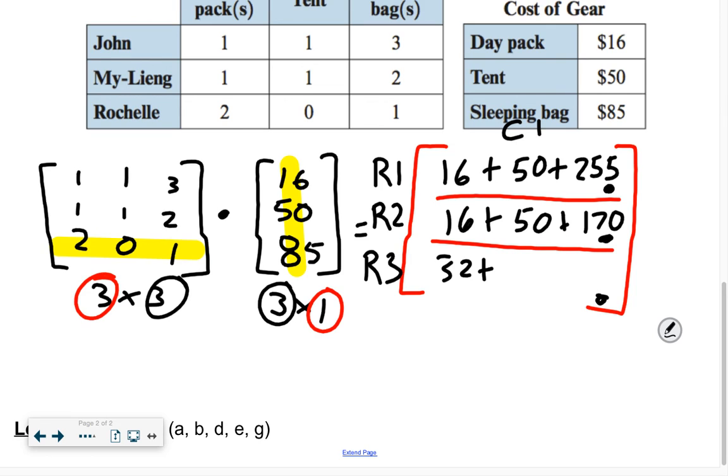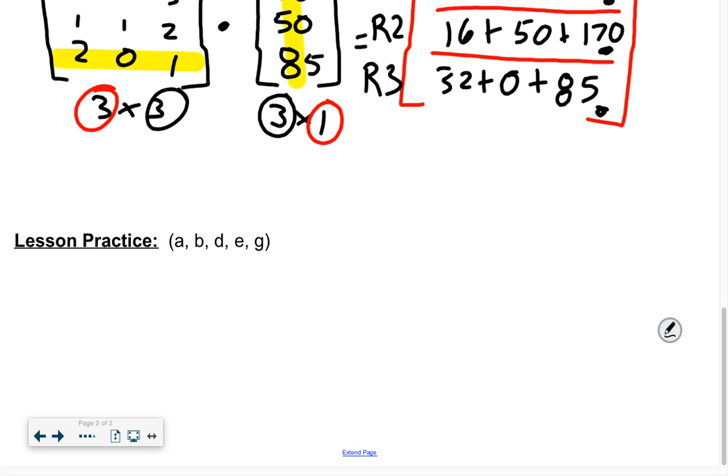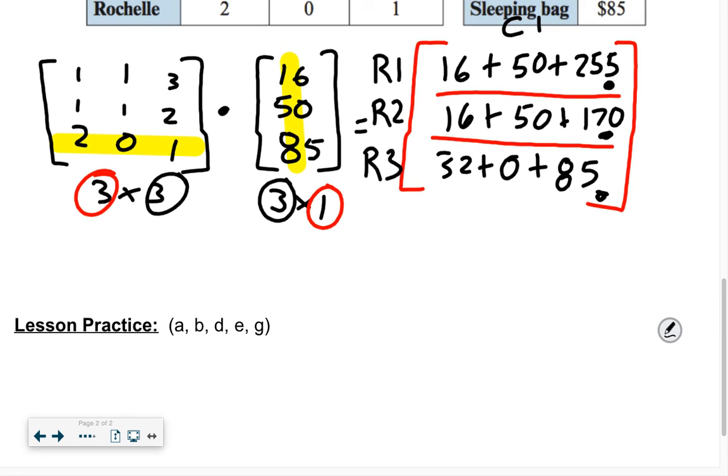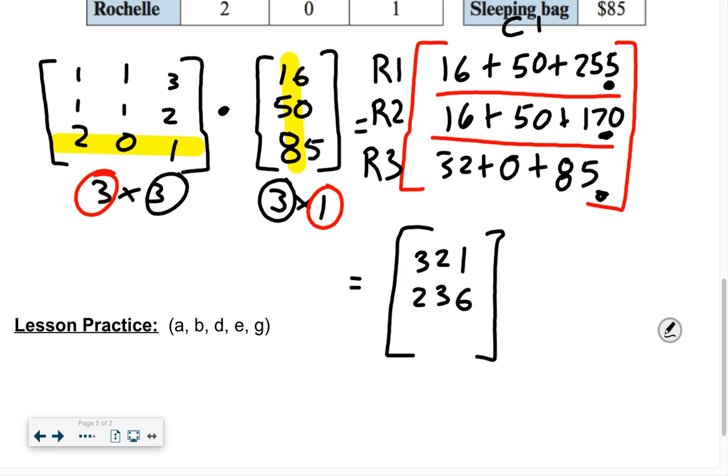What should I write? 0. 0 times 50 is 0. 1 times 85 is 85. 32 and 85 ends in a 7. 117.